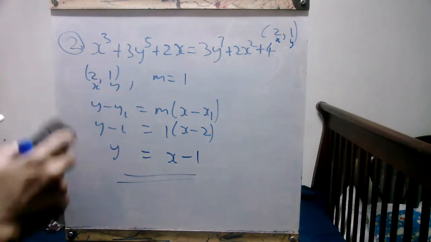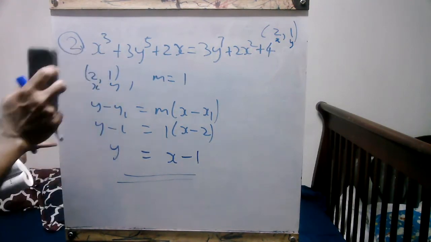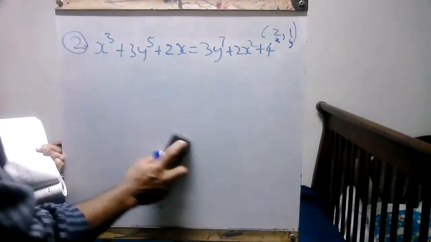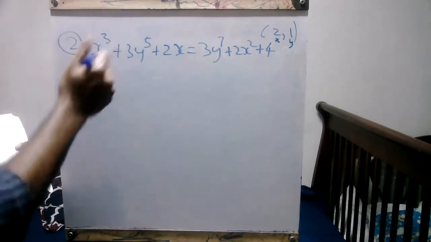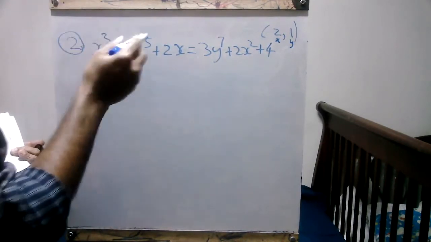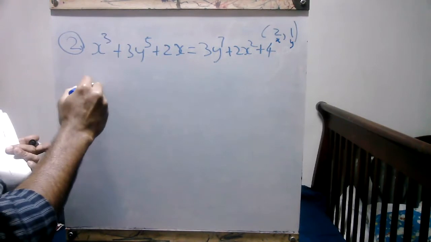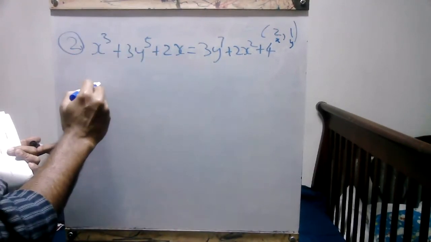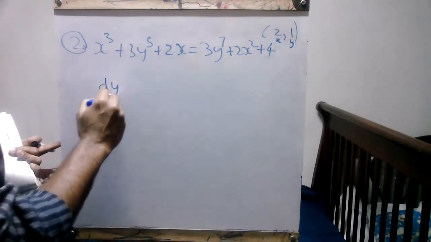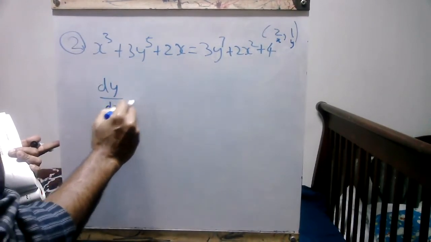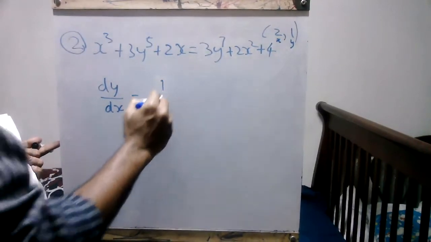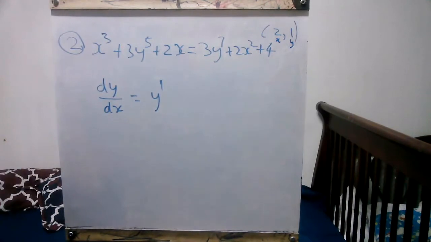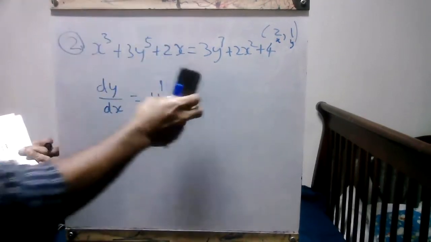I have a word about this notation. For dy/dx, as expressions get complicated, many dy/dx's may appear, and it might be convenient if we use y prime or y dash. This is what I mean.